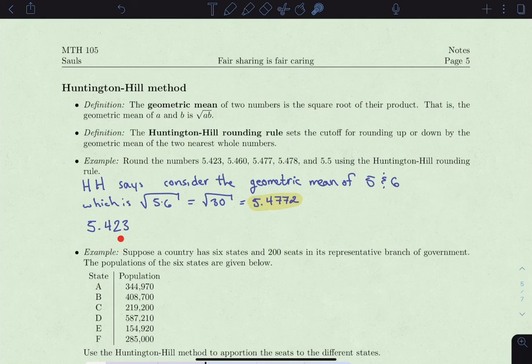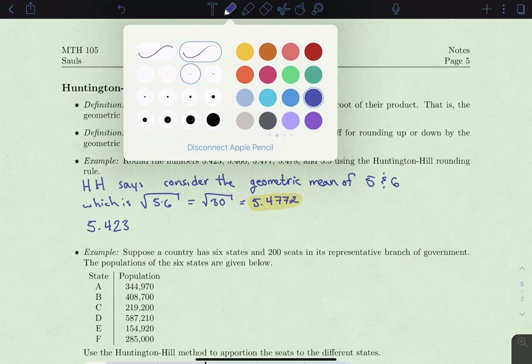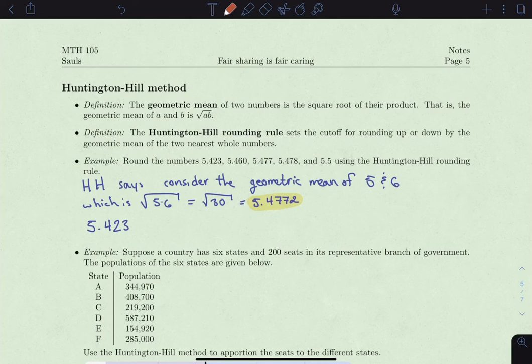Since 5.423 is less than 5.4772, we round down to 5. Now 5.460. Again, you just look at the decimal part. 460 is less than 477, so we'll round down again to 5.